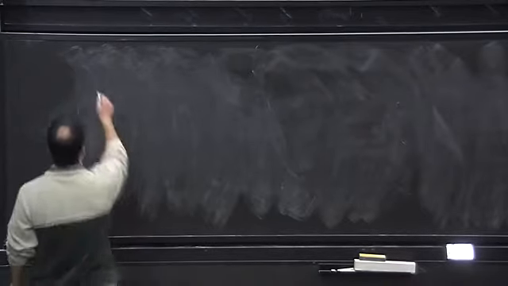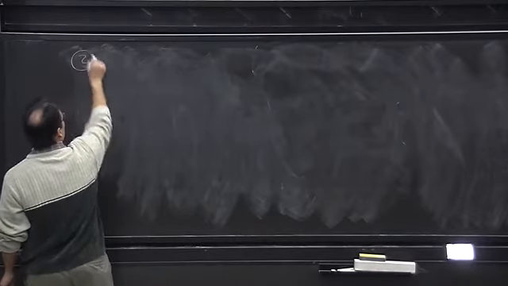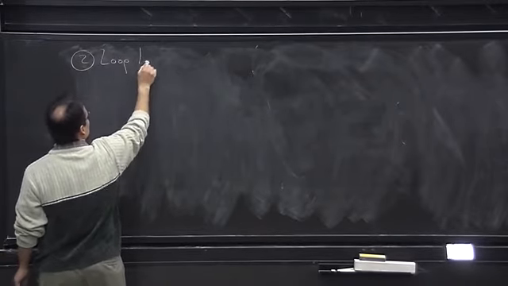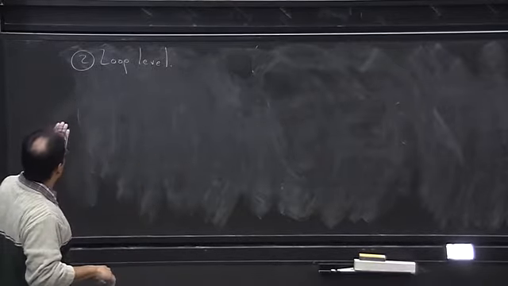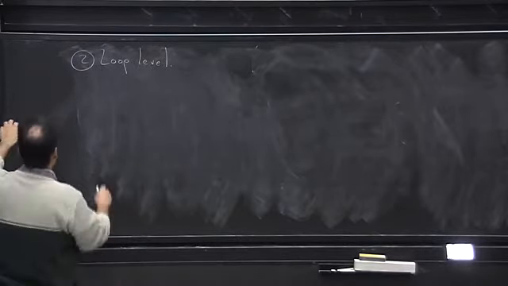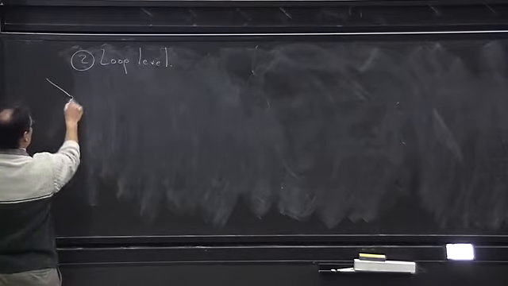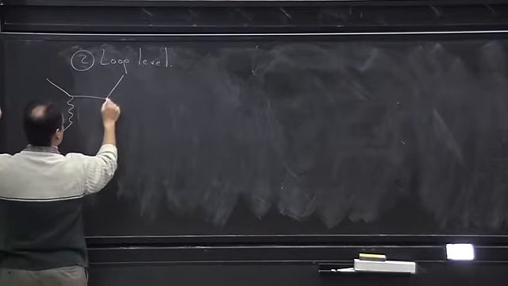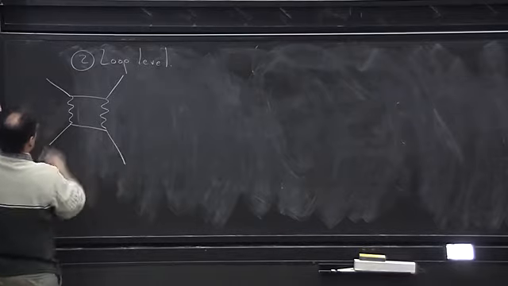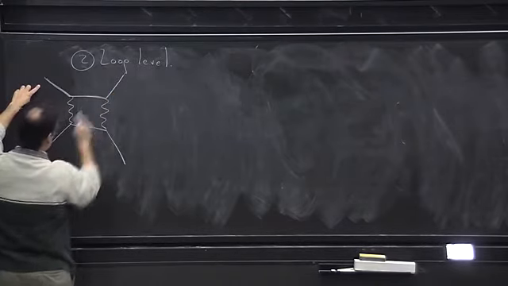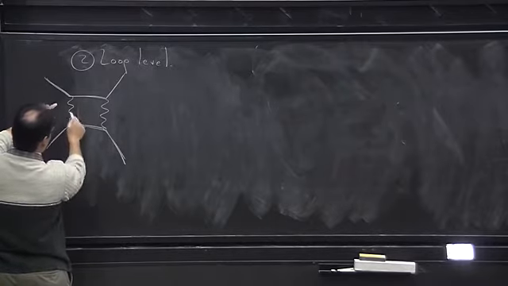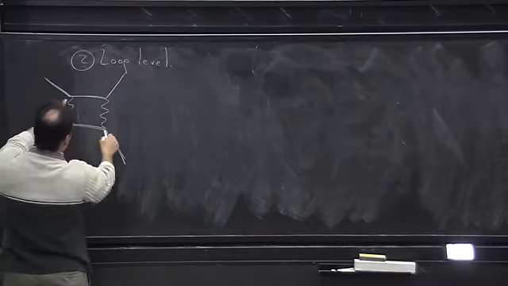Well, now, let me mention something first, a problem at loop level. Imagine that we now have a loop correction to this diagram. So we have our scalar particle going here, there, and we have our spin j particles coming here.